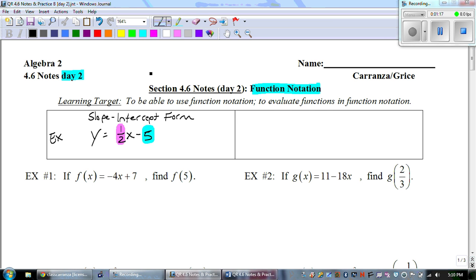So what we're going to be changing to is what's called function form. And the only main difference with function form is the beginning.